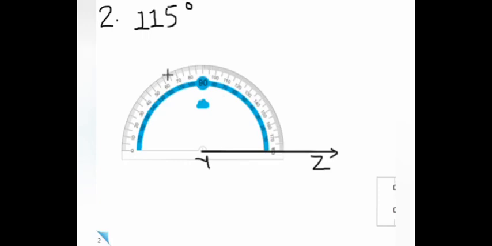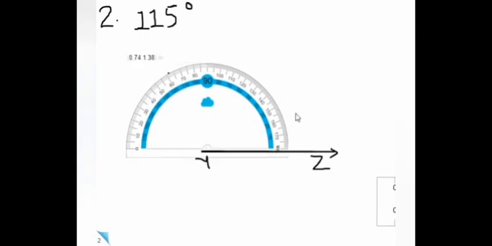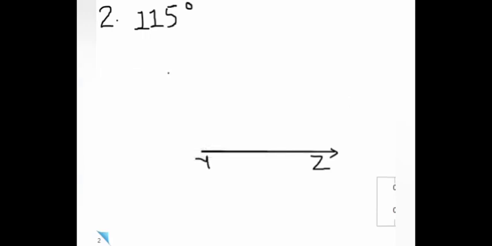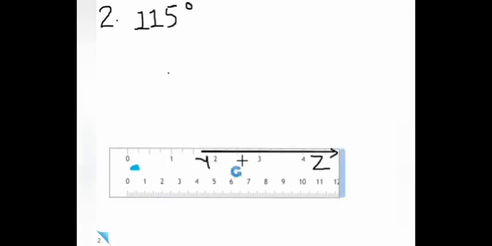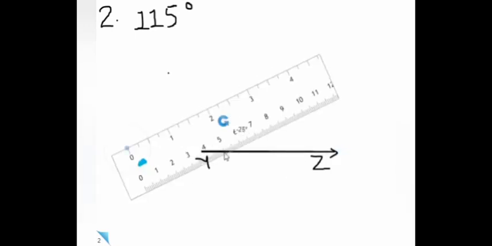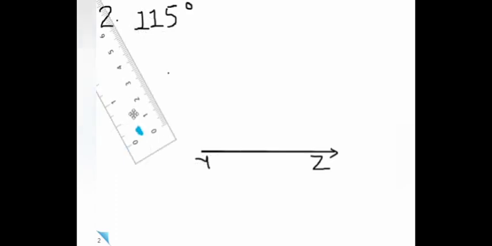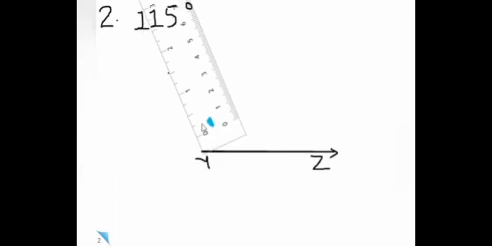After marking, I will show you once again. We have marked it. Now what we will do, we will lift our protractor and keep it aside. Now take the scale and try to join this to the 115 degrees. See, is it proper? Now you will take pencil and you will join it.